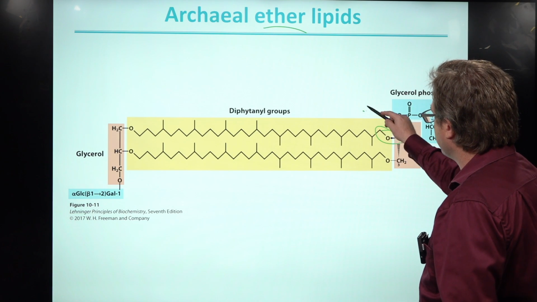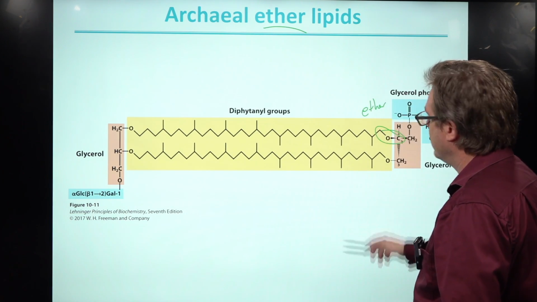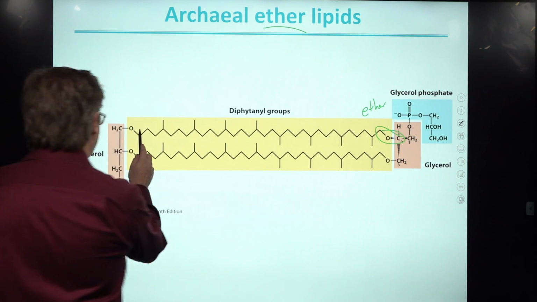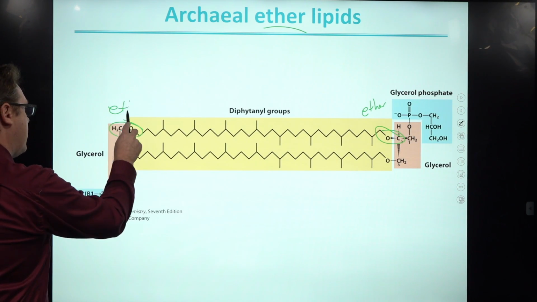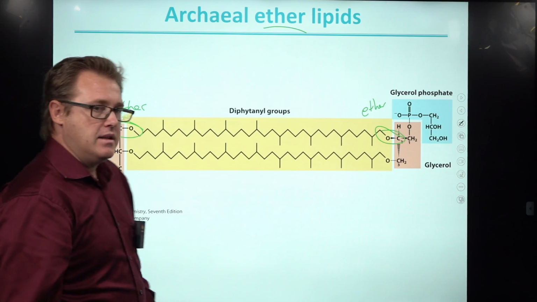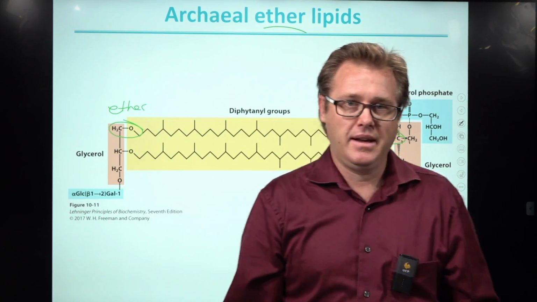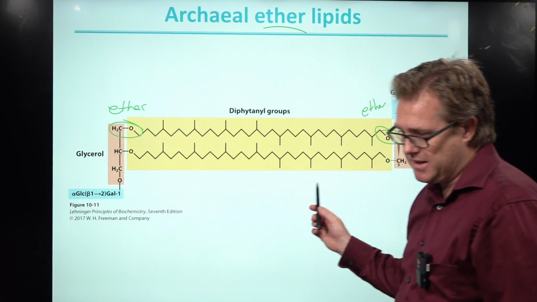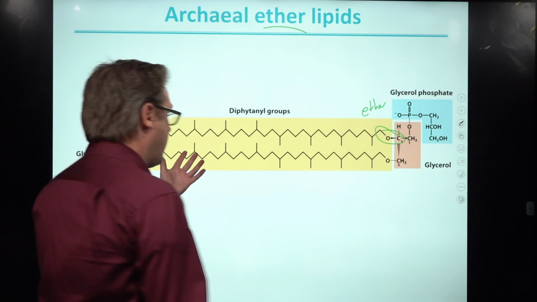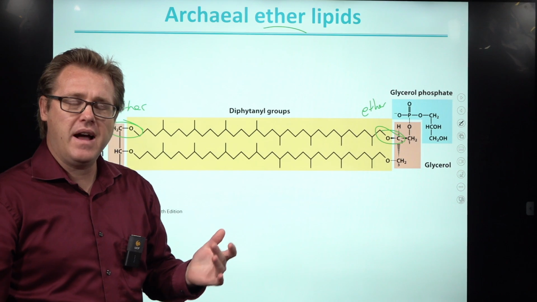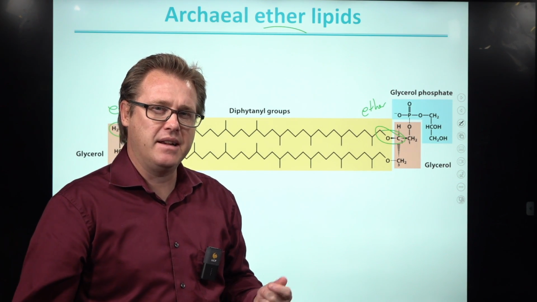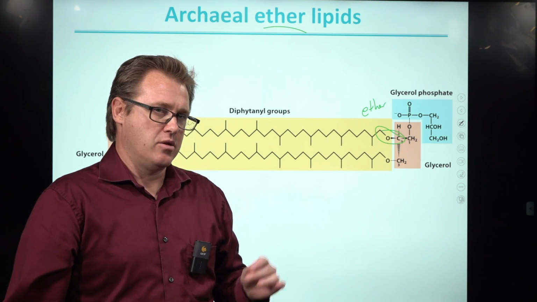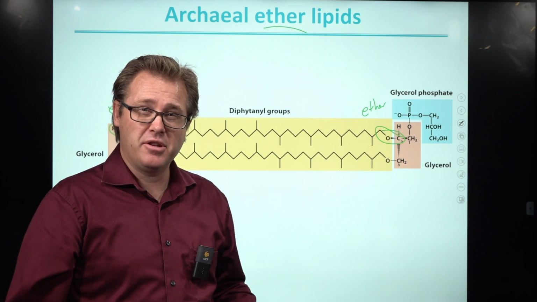That is an ether linkage. And you can see also right there, that's an ether linkage as well. Now, why is this so significant? Because some of these archaeal lipids, like this one right here, are found in species that live in very intense environments. Crazy pH levels, high temperatures.